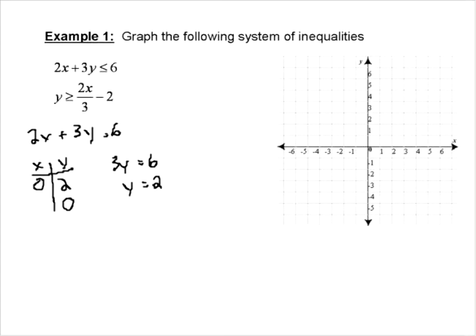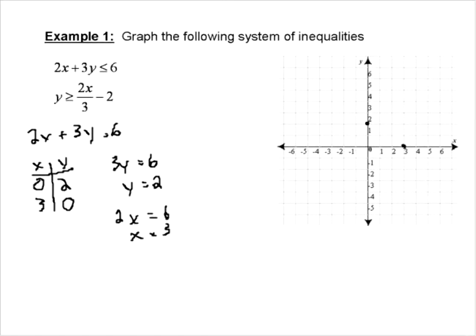When y equals 0, we get 2x is equal to 6, and x equals 3. And we go to these points on the graph, 0 on the x, 2 on the y, and 3 on the x, 0 on the y.